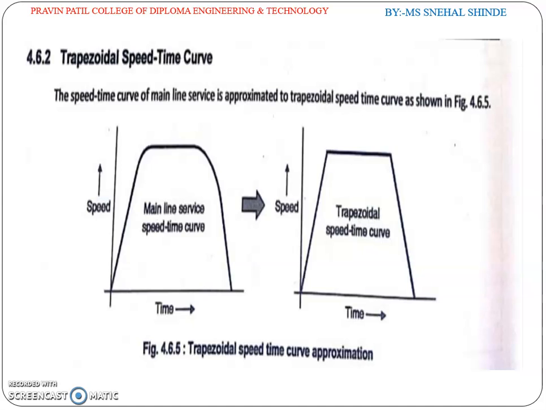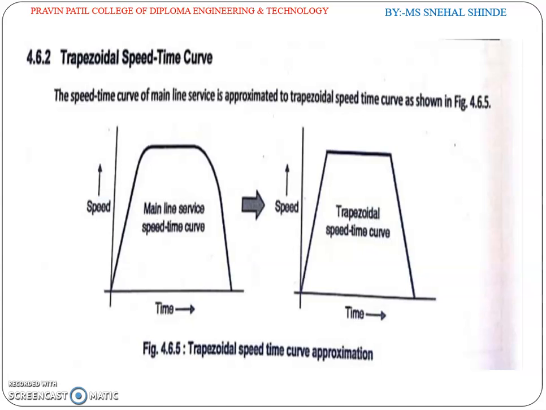So we will have the three-part calculation in this trapezoidal curve: the starting, then the straight part, which is the free running period, and last will be the braking period. So we will have the different formulas.